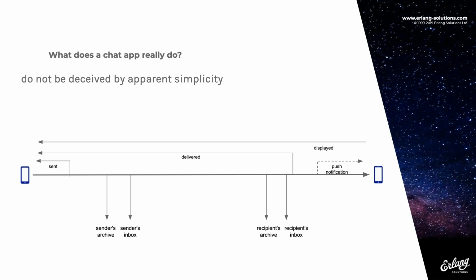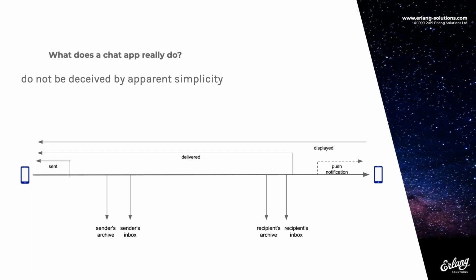For example, if you use a messenger application like WhatsApp or whatever else, you send a one-to-one message. Can it get any simpler than that? You just type something, click send. After a while, you see a green check mark, and this is it.